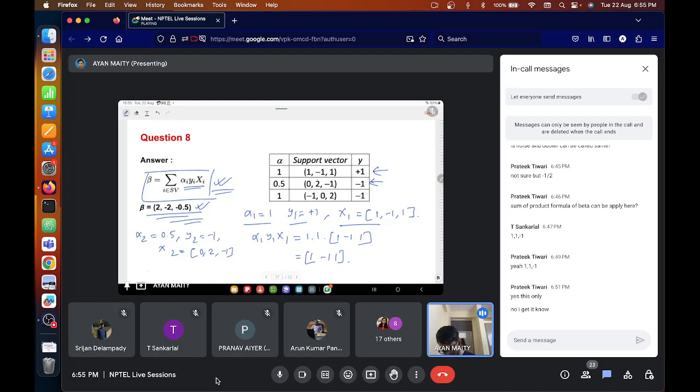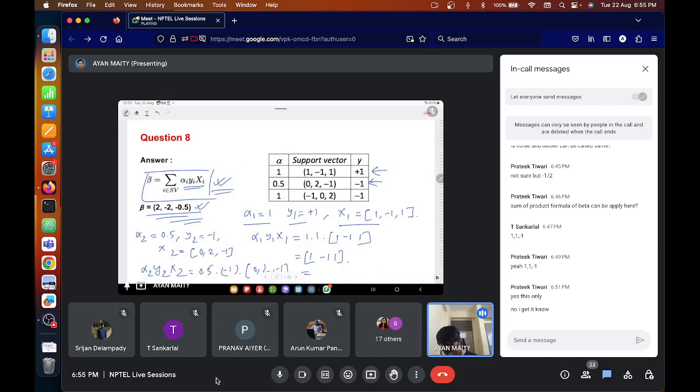Again multiply alpha 2 y2 x2, so we get 0.5 into minus 1 into 0 2 minus 1, again a scalar multiplication of this vector.